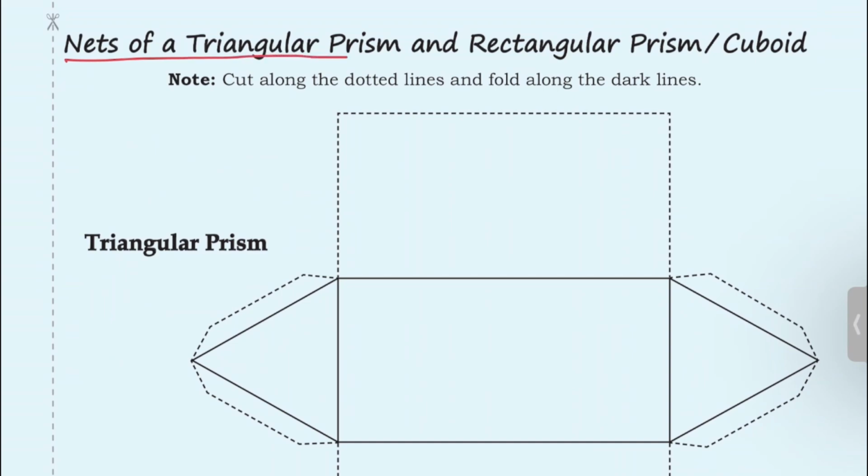Nets of a triangular prism and rectangular prism or cuboid. Note, cut along the dotted lines and fold along the dark lines.